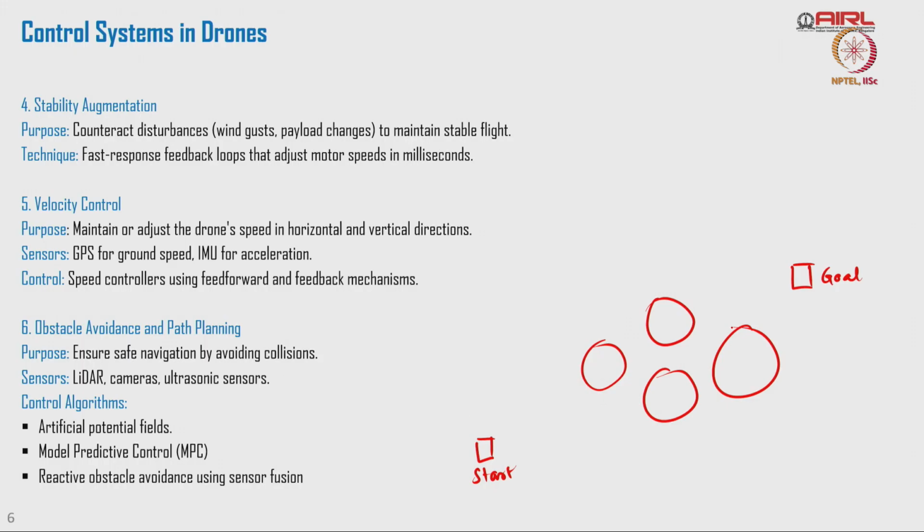So, the drone should start from this point, avoid these obstacles and reach the goal location. This is the objective of obstacle avoidance and path planning, which is what we call safe navigation.